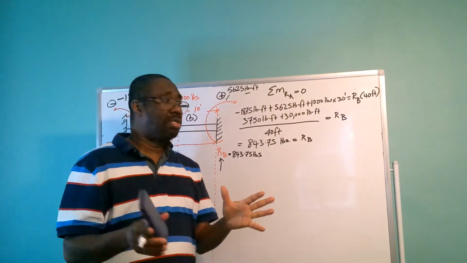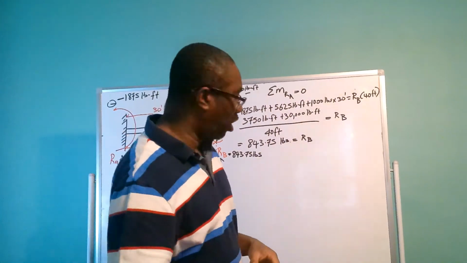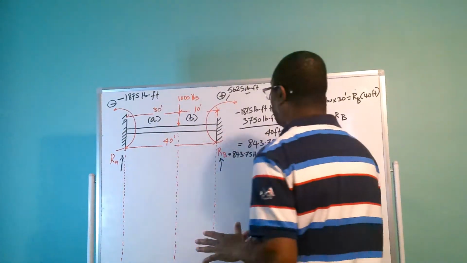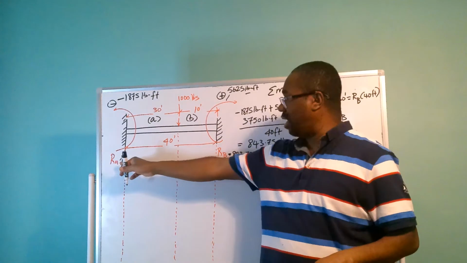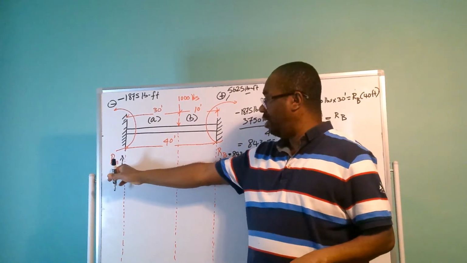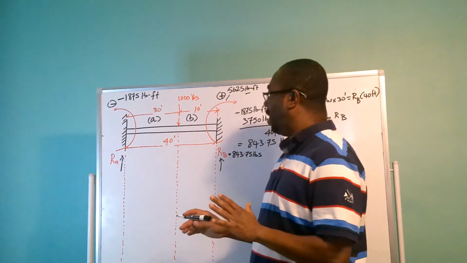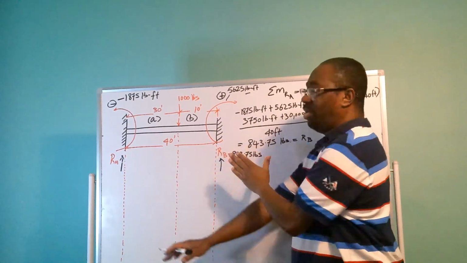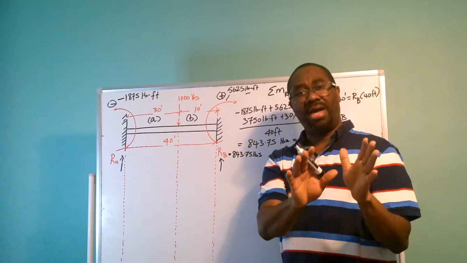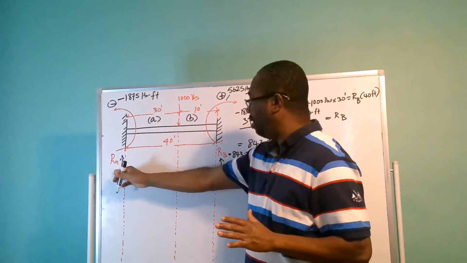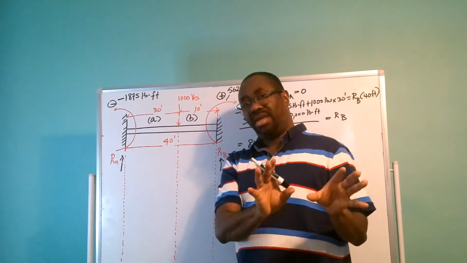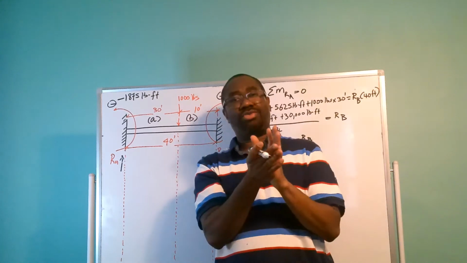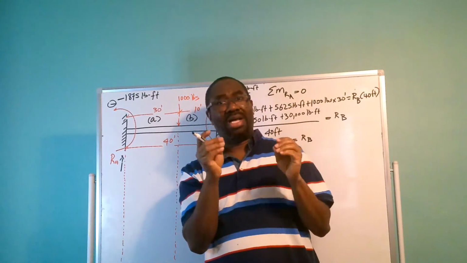See that? So in a short way, how to find the reaction at RA, you can go back and take moments at RB and do the same thing to find the reaction at RA. But I have given you a demonstration of that in my last video.